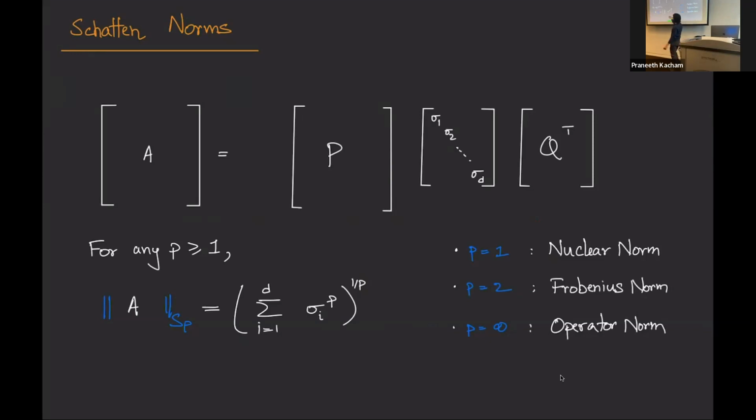So the Schatten p norm of A is going to be summing over the singular values to the pth power and taking the 1 over pth root. Think of the diagonal as a vector, take its L_p norm, and you'll get Schatten norms of the matrix. For p equals 1, this is the nuclear norm. For p equals 2, it's our favorite Frobenius norm, and p equals infinity, which selects the largest singular value, is the operator norm. Okay, any questions about that?